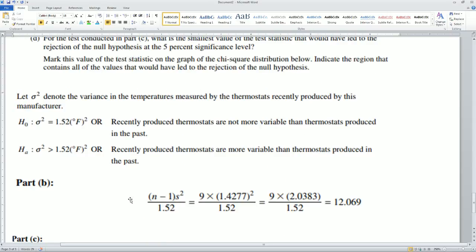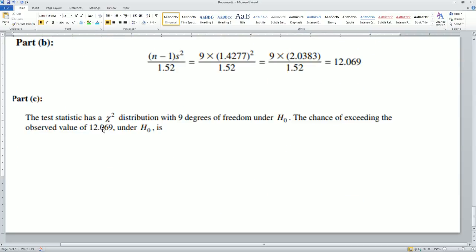Because remember, your HA was saying if it is equal to, we're going to ask, is it really equal? This is about variance. That's why you calculated that. This is a description in the question of the temperature, the expected chi-square.